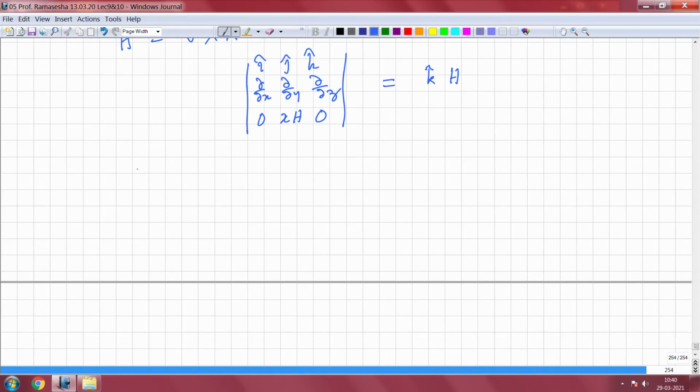So, now let us see what we can do with the Schrodinger equation involving this vector potential. The Hamiltonian for this will be given by 1 by 2m, Px squared plus (Py minus eH/c times x) the whole square, plus Pz squared.